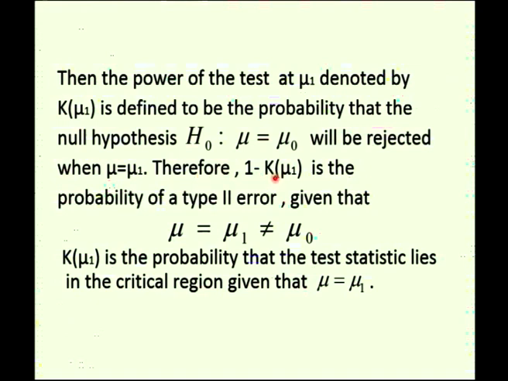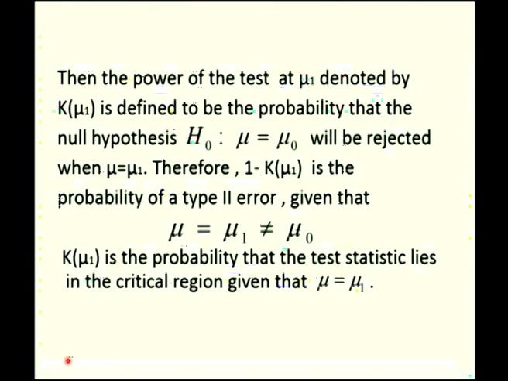Therefore, 1 minus k of mu 1 is the probability of type 2 error given that mu is equal to mu 1, which is not equal to mu naught. Mu 1 is a new value other than mu naught, and k of mu 1 is the probability that the test statistic lies in the critical region given that mu is equal to mu 1. So, the power of the test is k of mu 1.